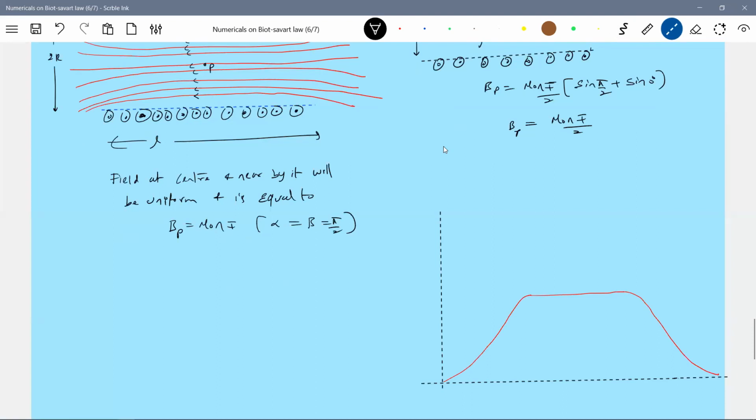I have to bring the solenoid also. Only the derivations are a little bit lengthy.